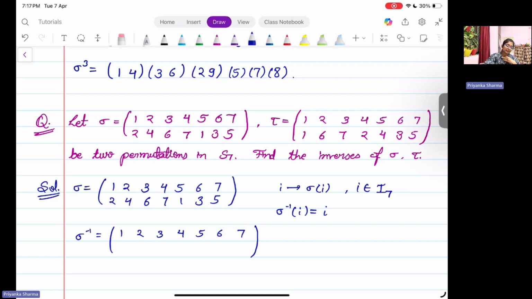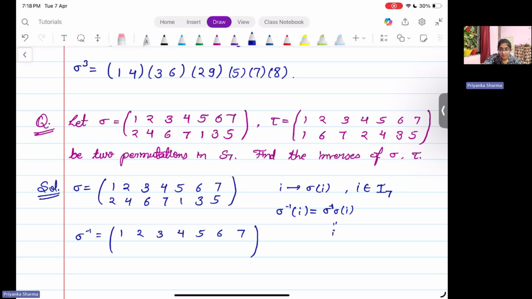Okay. And this will be, see, in the inverse map. So here, this is the element in the domain, and this is the element in the codomain, we can say. Or this is the image. Now this is actually sigma inverse of sigma of i, which is i again.